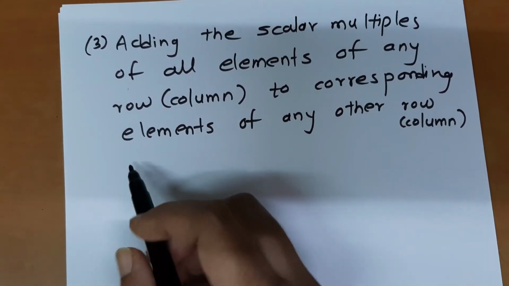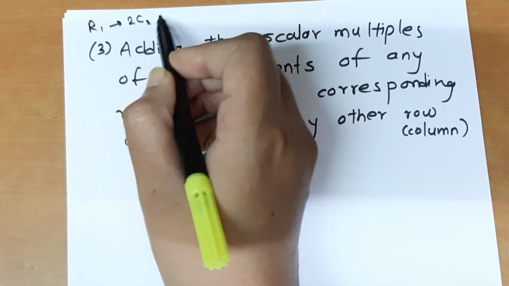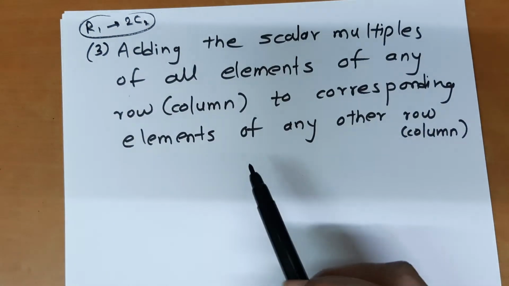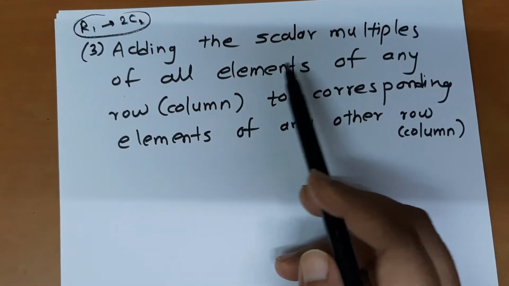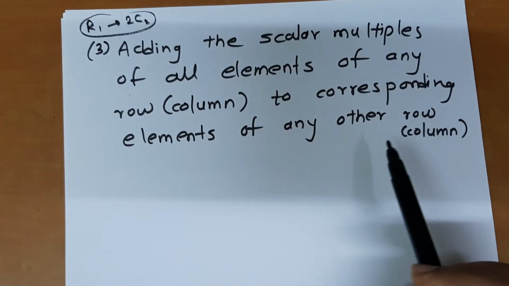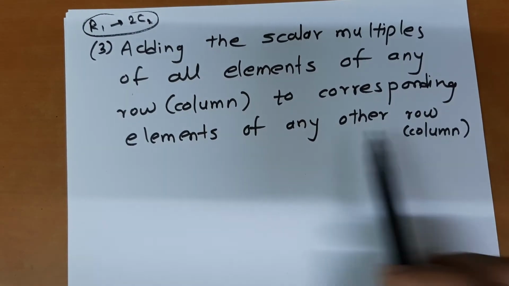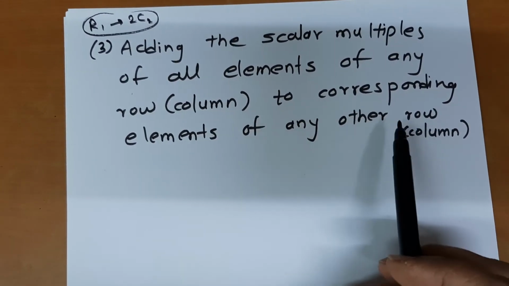Means what? I cannot write R1 with 2C2. This is the wrong operation. Means we can add or subtract the scalar multiples of any row with the other row or any column with the other column, and not the row with the column and column with the row.